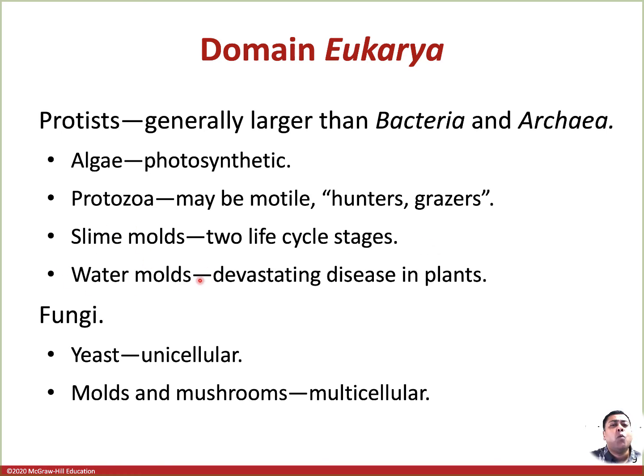On the other hand, the water molds also have two different varieties. They have a very fuzzy structure, a single cellular form and a multicellular form, and they were once thought to be fungi, but they are not. There is something related to disease: they cause devastating disease in plants.